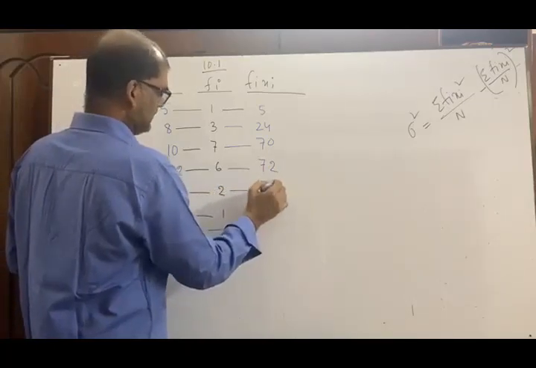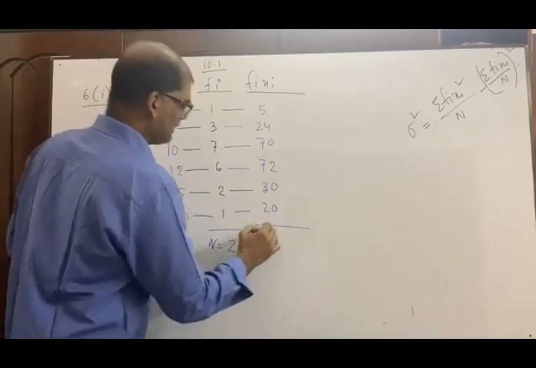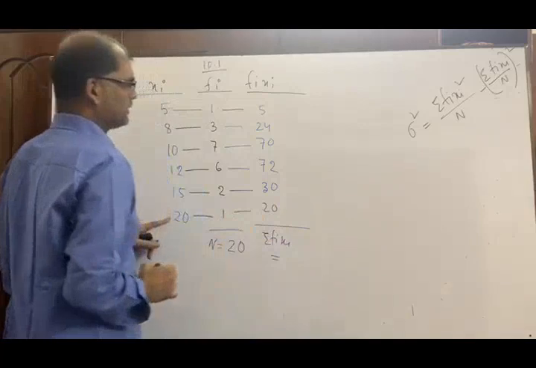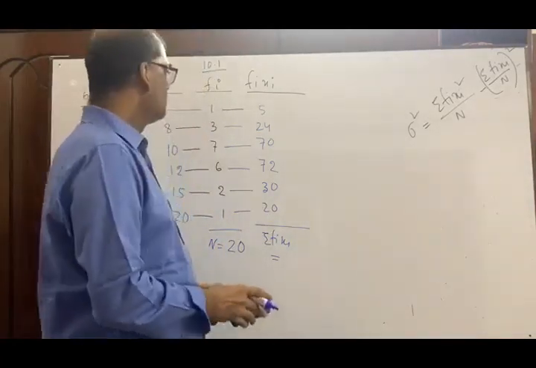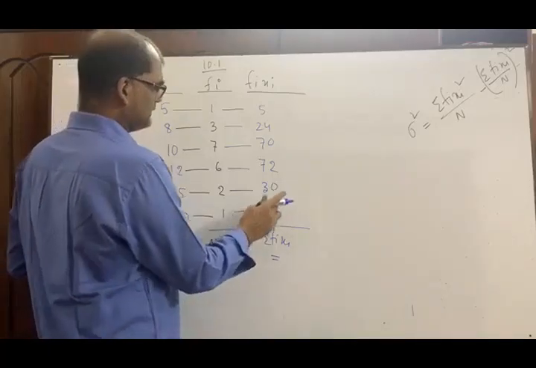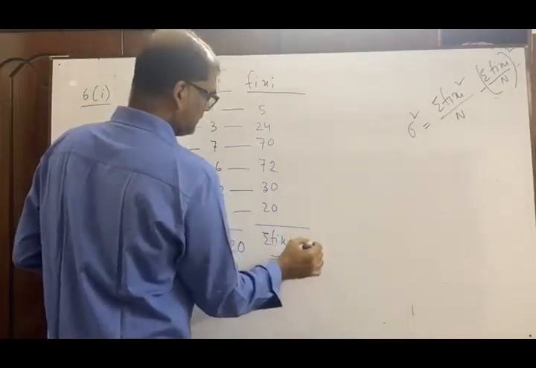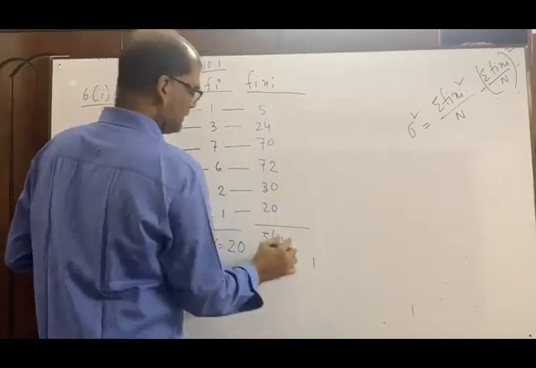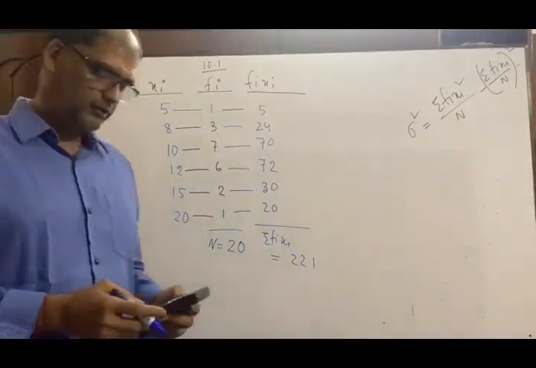This is 30. And this is 20. So we can write here summation fi xi is equal to what? You calculate please, by the help of calculator: 221.